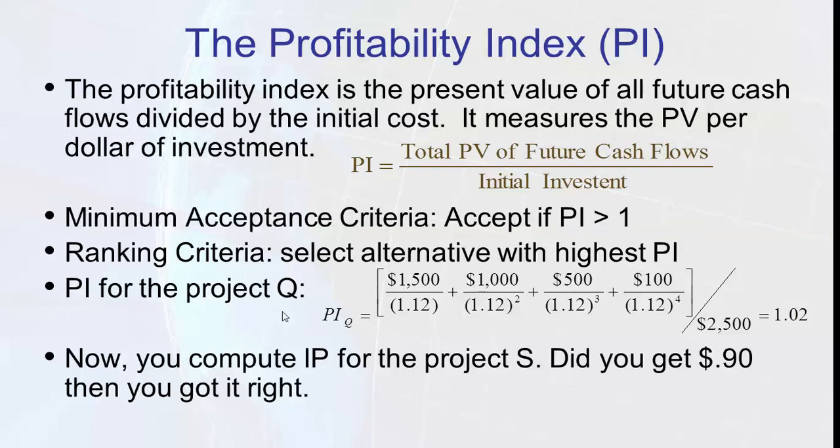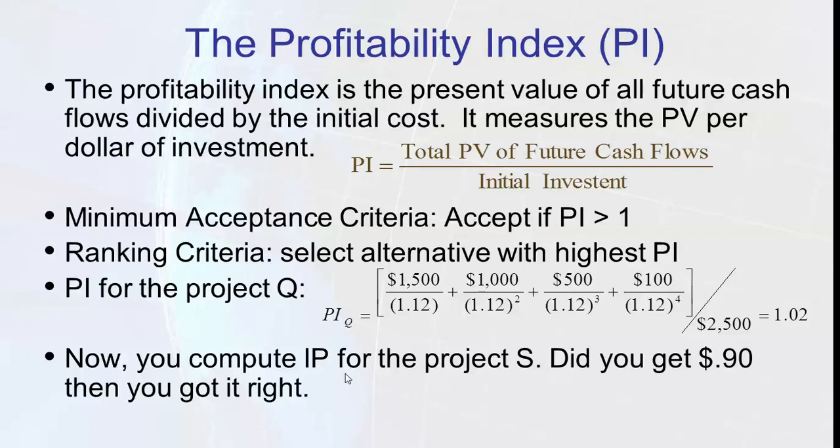Okay, let's look at the PI for project Q. You find the present value of all future cash flows and divide by your cost. So 1.02. That means $1 is the cost and 0.02 is your benefit. So for every single dollar you invest, you're making 2 cents.